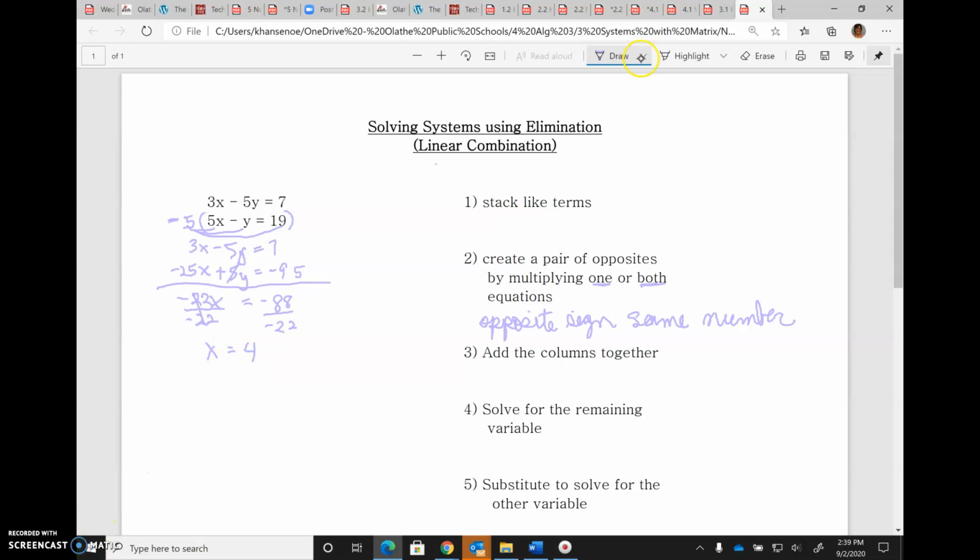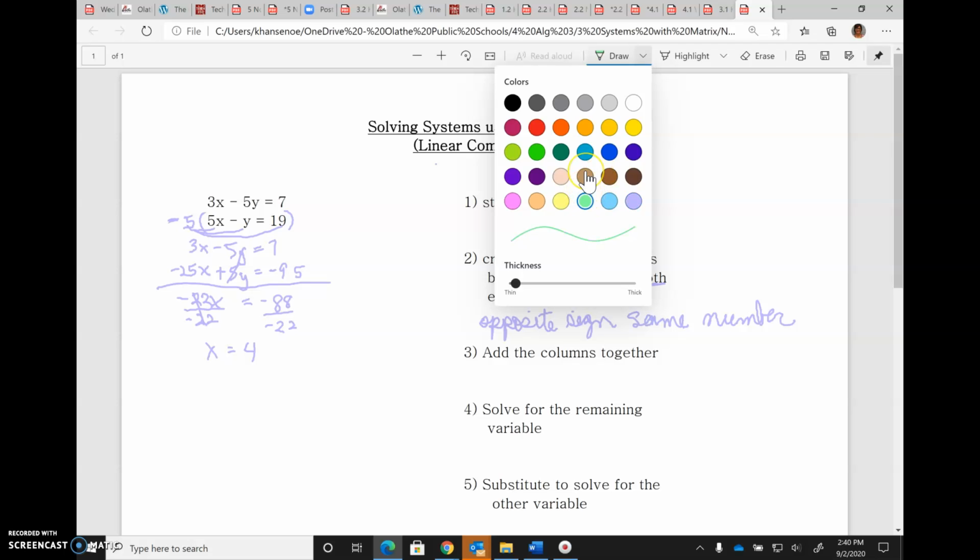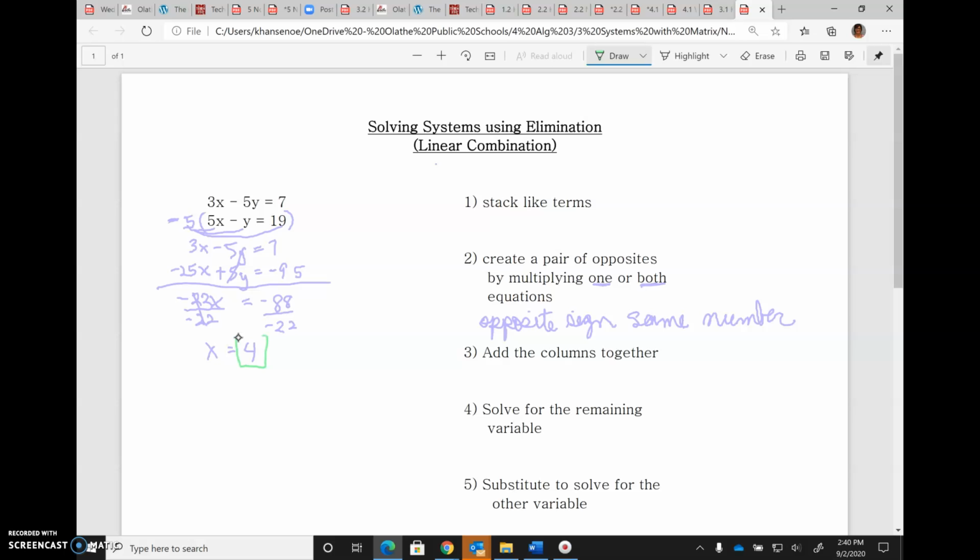Now that I have 4, I'm going to take this 4 and plug it back in. It doesn't matter where you plug it in, I'm just choosing that one. So I'm going to have 5 times 4 minus y equals 19. 20 minus y equals 19.